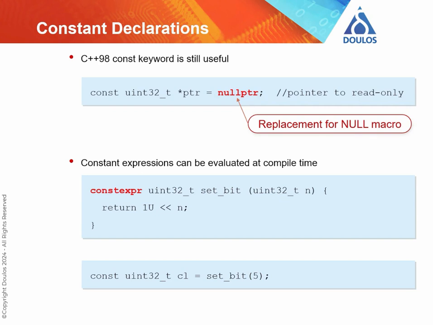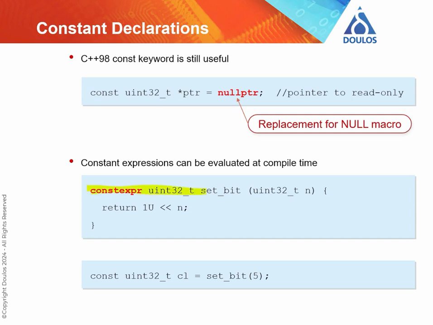So const is still important in modern C++, but one of the limitations of const is that it's a read-only variable. It's not constant at compile time. So, for example, we can't use a standard const variable to set the size of an array. Modern C++ overcomes that by also including a constexpr keyword.